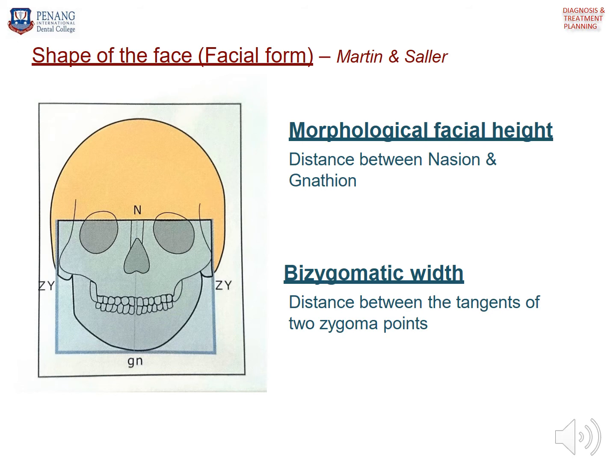In order to classify the facial form into these types, firstly, we need to measure the morphological facial height, which is the distance between the nasion and gnathion, and then the bizygomatic width, which is the distance between the tangents of the two zygomatic points. From the image, the distance between the two zygomatic points is labeled as ZY, and the morphological facial height is the distance between the nasion, labeled as N, and the gnathion, labeled as GN.